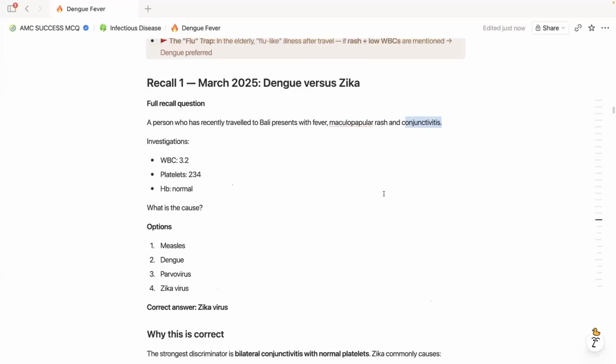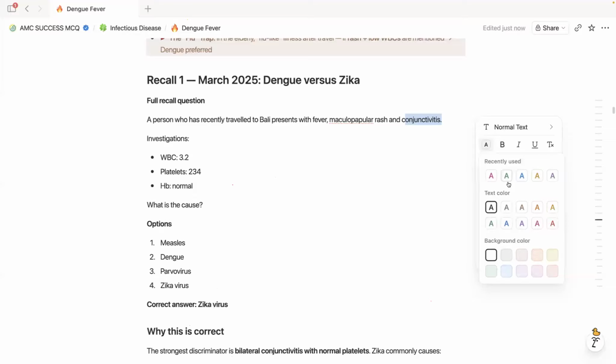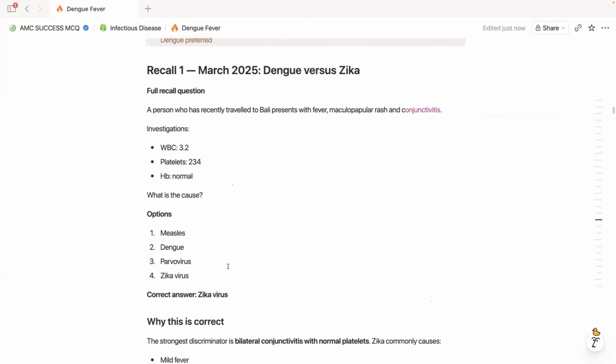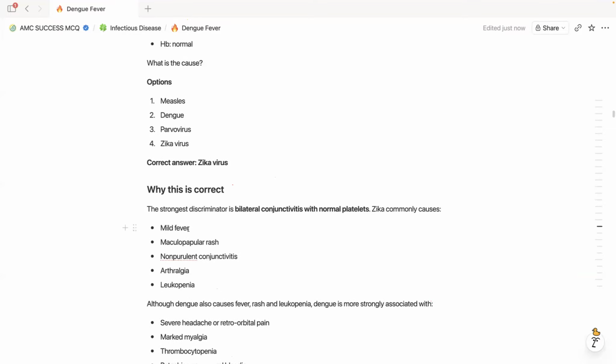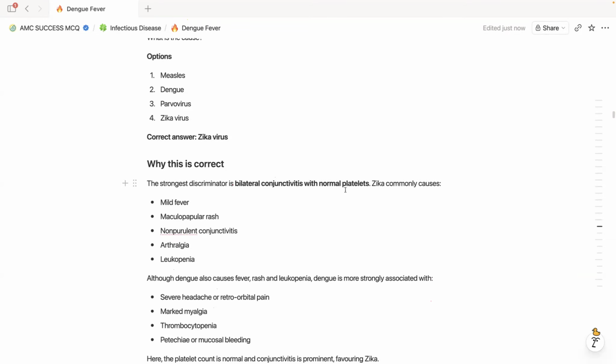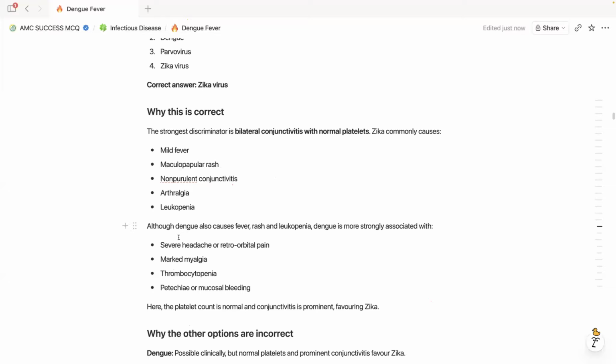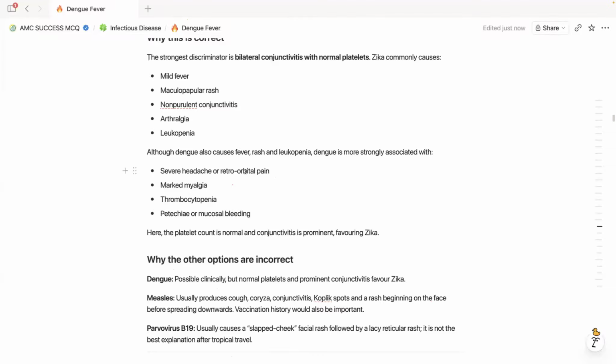Because of conjunctivitis, we think about Zika virus here, because there is bilateral conjunctivitis, normal platelet, mild fever, maculopapular rash, non-purulent conjunctivitis, arthralgia, leukopenia. Although dengue can cause fever, rash, leukopenia, dengue is more strongly associated with severe headache, retro-orbital pain, myalgia, thrombocytopenia, petechiae, mucosal bleeding.